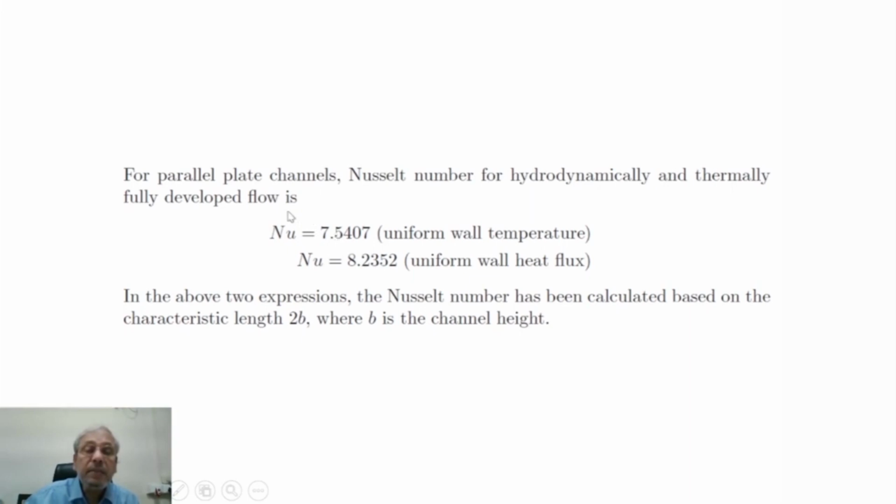Seemingly here the Nusselt number is more, but one has to recall that in these two expressions, the Reynolds number has been calculated based on characteristic length twice B, where B is the channel height.